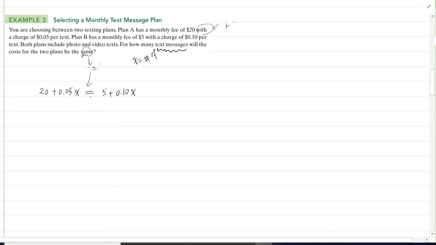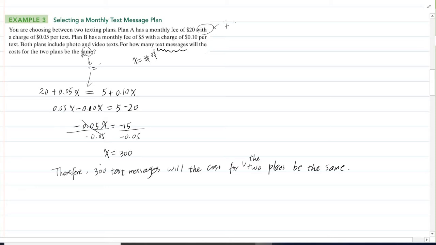That will be the same, that will be the equal sign. So once we have this, we're just going to go ahead and solve this equation. x equal to 300. So that is your final answer. Therefore, 300 text messages is when the cost of the two plans will be the same. So we finish this example.